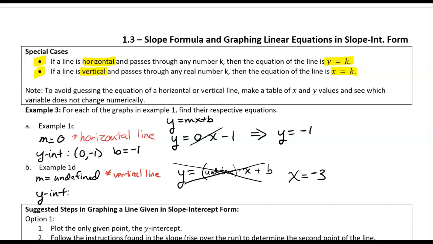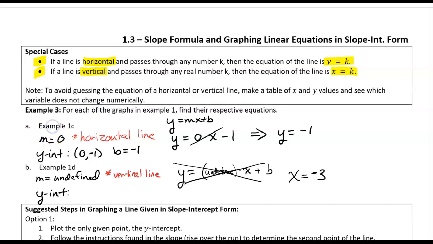Now, what about example 1d? What about this case, the vertical line case? What did we say was unique about the slope of that one? Well, on a vertical line, our slope is undefined. So this m value is undefined.